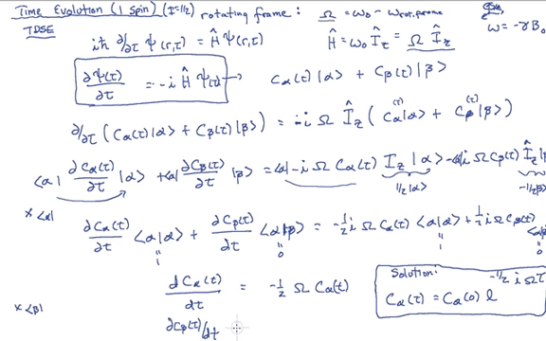Its time dependence will be the same thing as above, but plus, right? And so the solution will look similar: it'll be C beta at time 0 times e to the i omega t over 2, so the plus. Okay, now in the next screencast, we'll start to use that and show what its implications are.